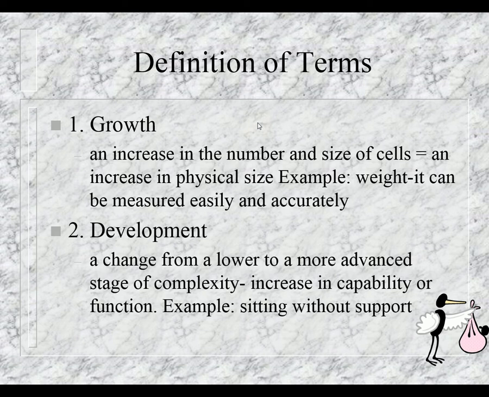Usually we can measure this in weight, and it can be measured very easily and accurately. Whereas development is a change from a lower to a more advanced stage of complexity. For example, barely sitting to walking and crawling, okay? So it makes a big difference, okay?